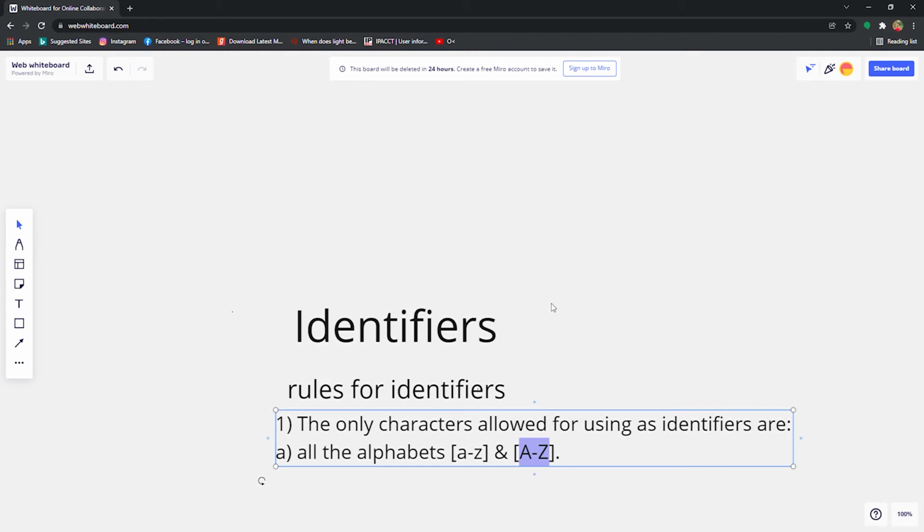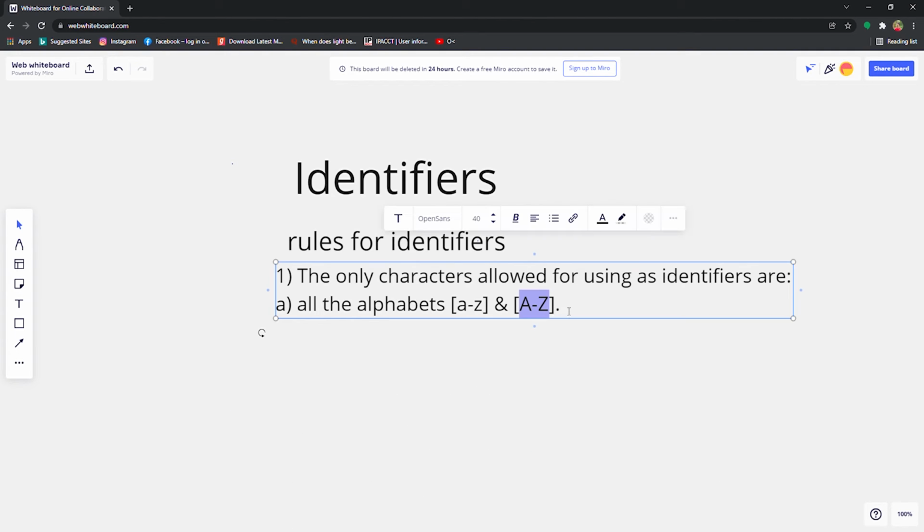Now, I have given you an example of float, right? That is a keyword.